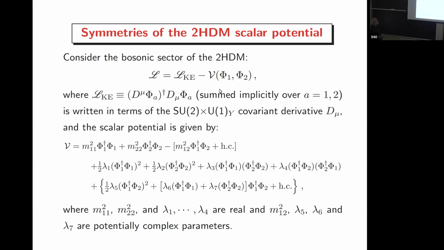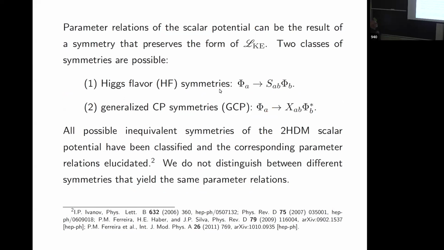In the two-Higgs-doublet model it involves 3 squared mass terms and 7 coupling terms. Some of the couplings are real by hermiticity, and some are potentially complex, these 4 here. The parameter relations of the scalar potential can be the result of a symmetry that preserves the form of the kinetic energy term.